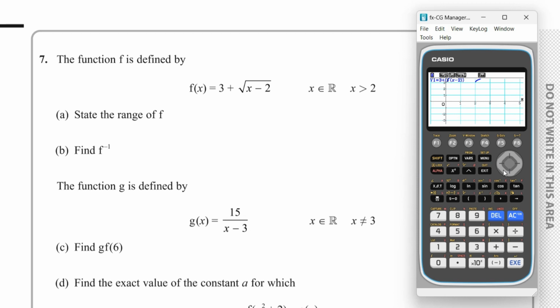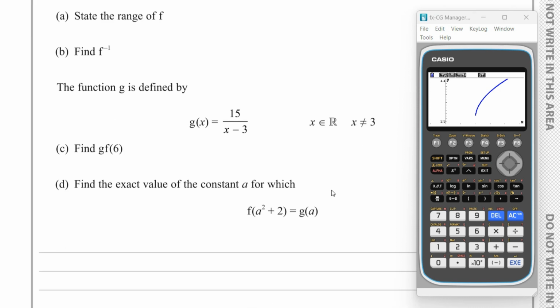And if we draw this graph, let's auto zoom. We have a graph which looks something like this. And what you can see is this graph will always be greater than the y value of 3. Which means then, for part A, f of x is greater than 3. This is our range.